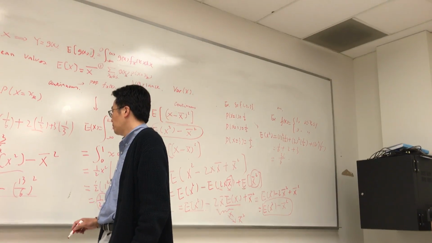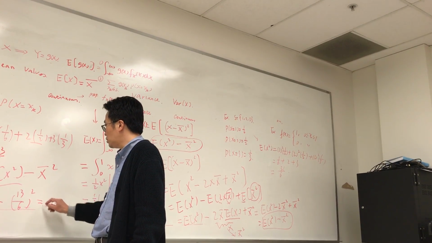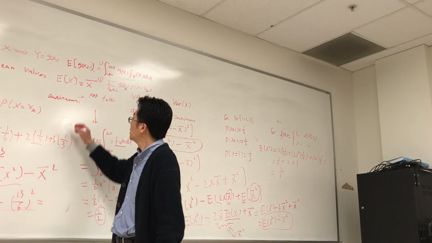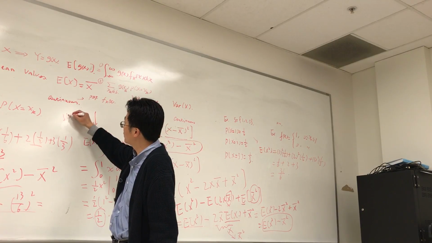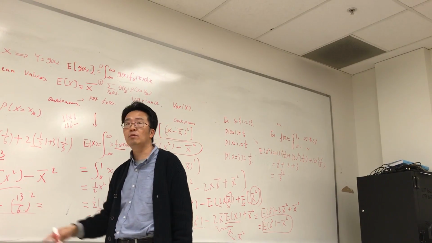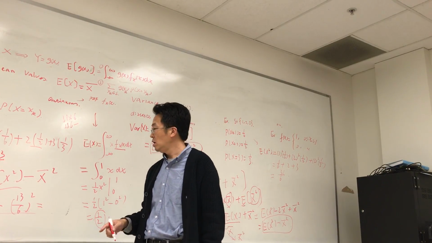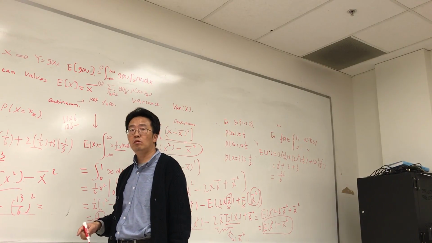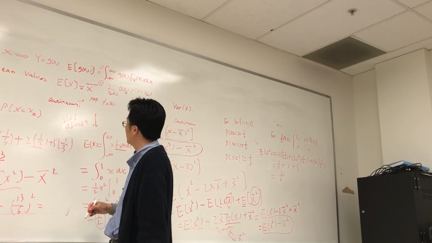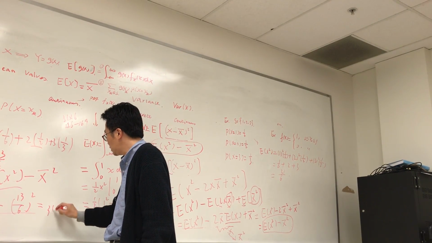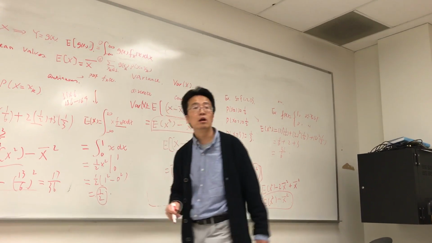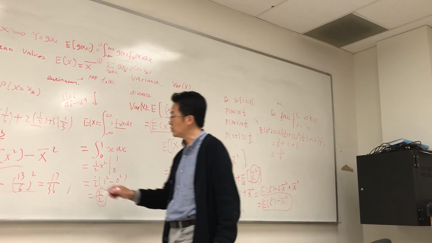This will be equal to, over 6 squared, 31 times 6, 186, minus 13 times 13, 169. So it should be 36 in the denominator, and here this is 17. Yes, 17. So this will be the variance.